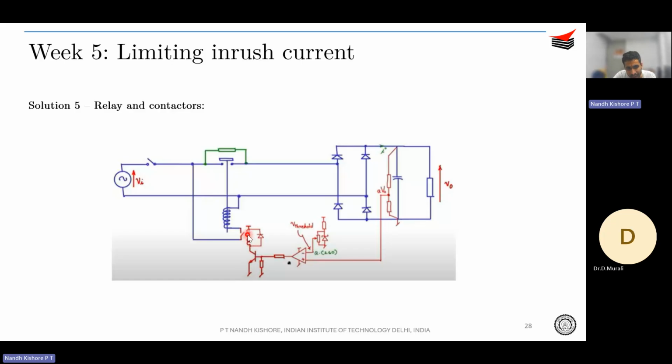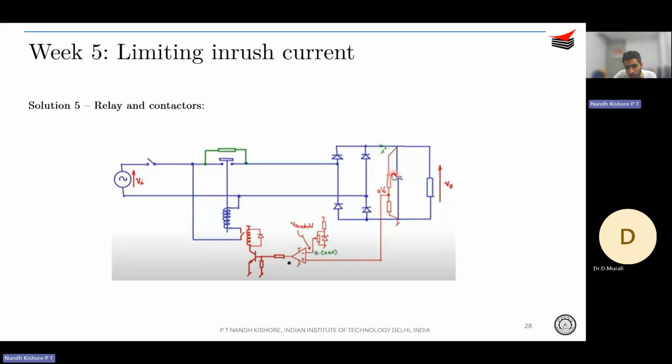If your coil gets energized, then this switch will complete the circuit, it will turn on. So if your switch turns on, then this relay is going to get energized. If your relay gets energized, this contactor is pulled and the circuit is connected.